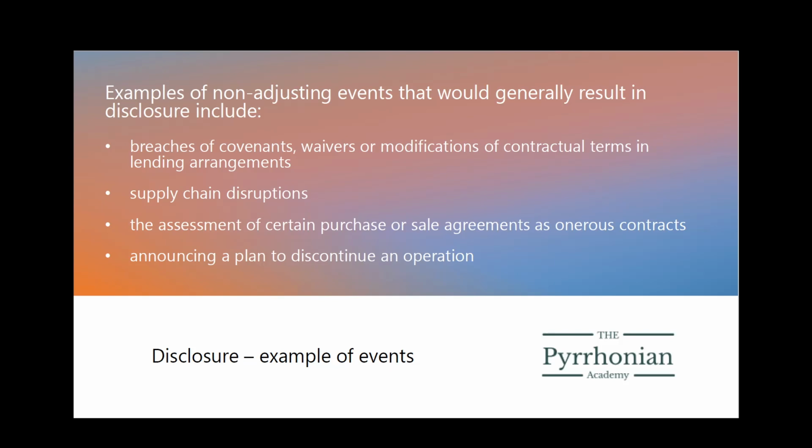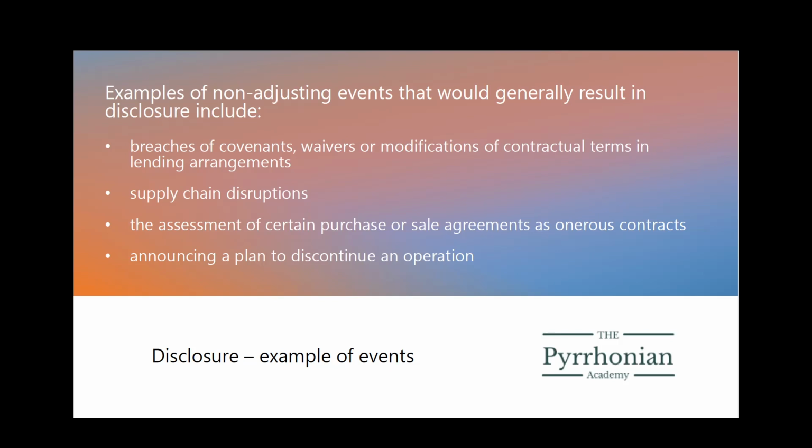If there are any modifications of contractual terms in lending arrangements, you may expect that it will have a material impact in the future on the company's financial statements. So this is the type of event that will require disclosure by note. Supply chain disruptions. Again, in the future, it may have a material impact on the company's financial statements.